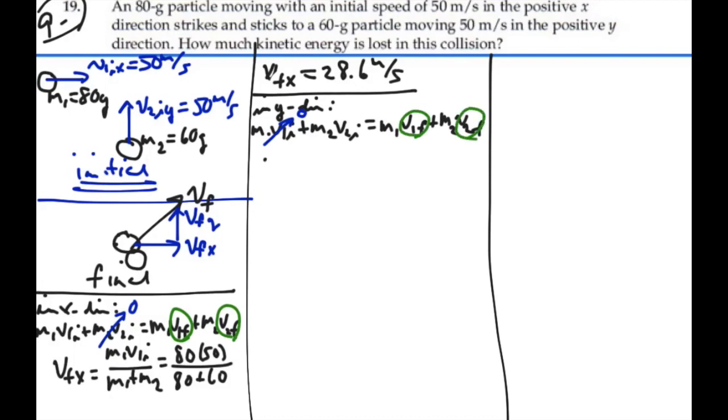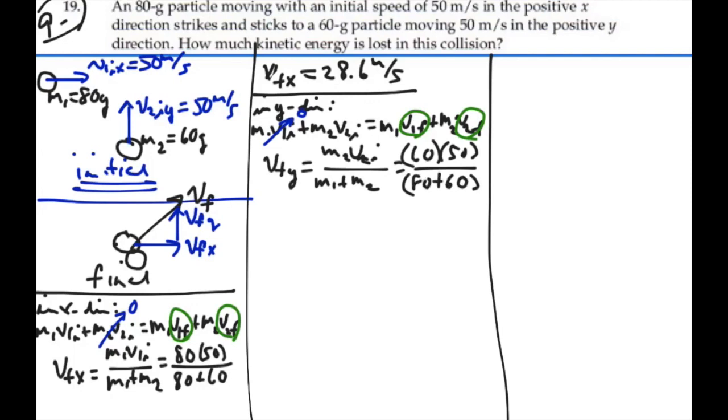So we're going to have that v final in the y direction is going to equal mass 2 v2 initial over mass 1 plus mass 2. So this will be 60 grams times 50 meters per second over 80 grams plus 60 grams. Now 60 over 140 times 50 is 21.43 meters per second. That is our final velocity in the y direction.